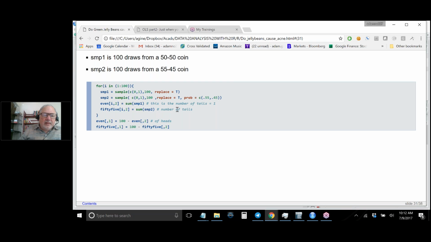Then I just take the sum of the sample, which is how many ones you had, how many tails. I put that in the second column, and for every i I do this, and then the number of heads is 100 minus the number of tails, because each time was a flip of 100 coins.